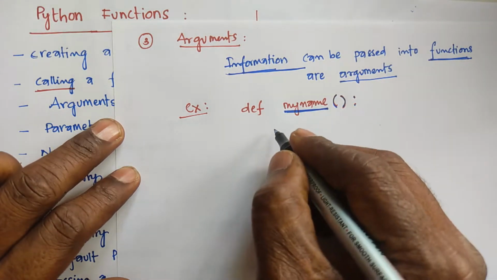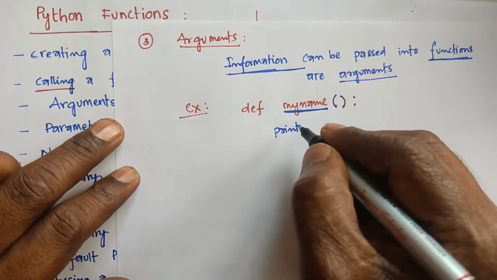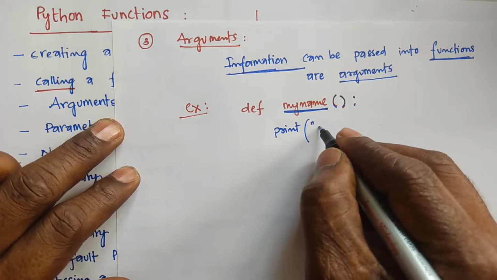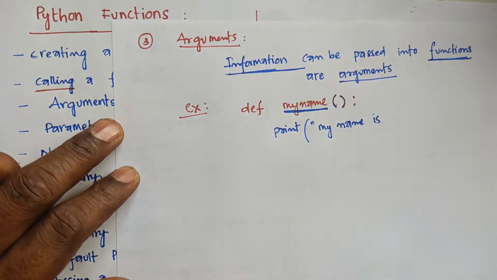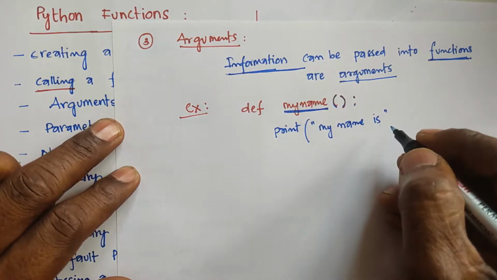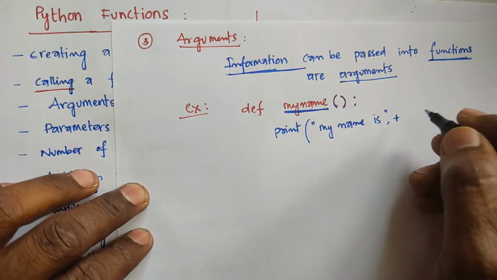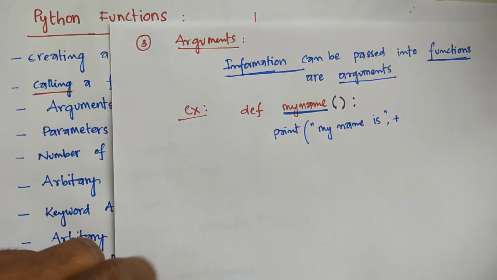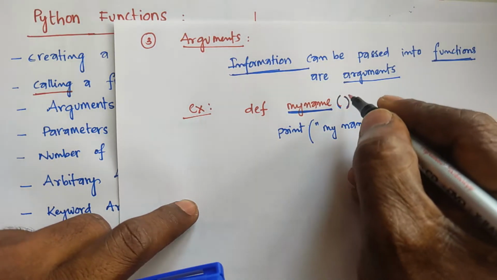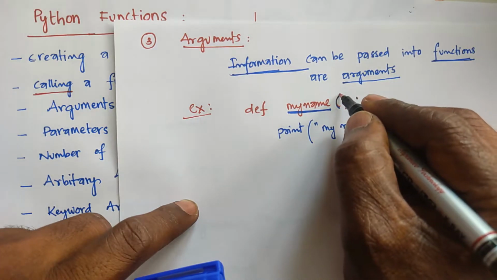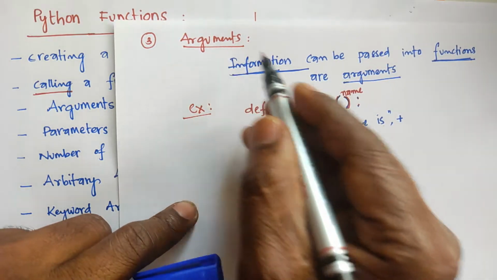Now I am writing print, in single quotation, my string: my name is. Then I have to use one variable, which is the argument. Within the bracket we are using one name, that is called an argument.